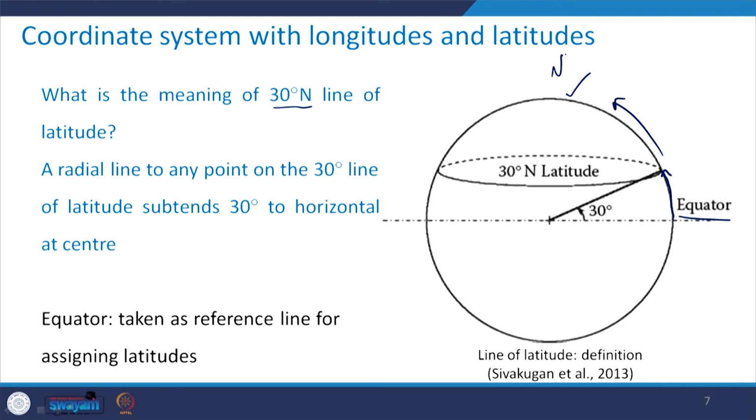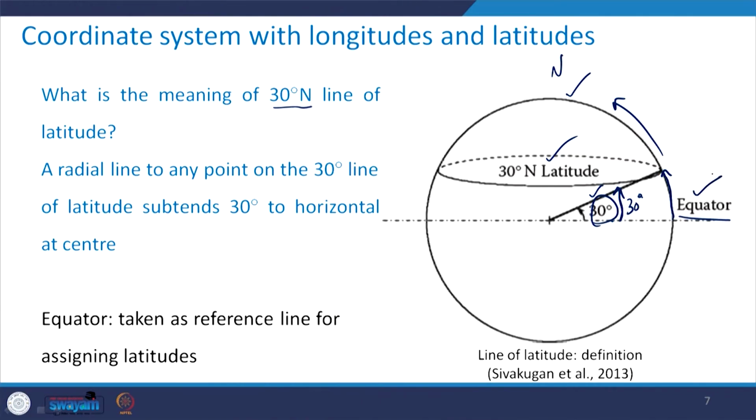Whatever circle this is, we will call 30° north latitude. A radial line to any point on the 30° line of latitude subtends 30° to the horizontal at the center. You see this angle is 30°. This is what is called 30° north latitude.